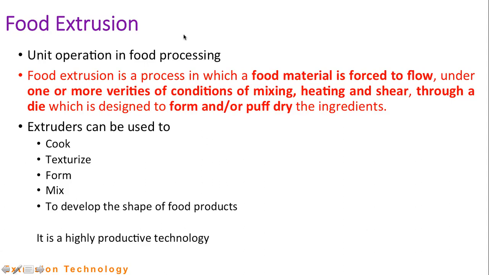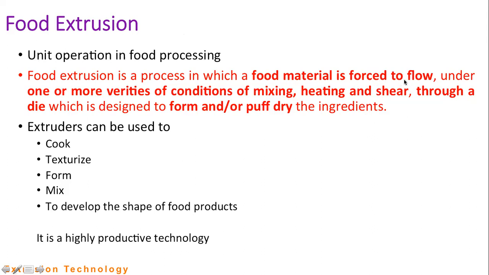So food extrusion is also a unit operation, but it is a little complex one because inside the extruders there are so many unit operations. We will discuss these things. And food extrusion is a process in which a food material is forced to flow. This is very important.